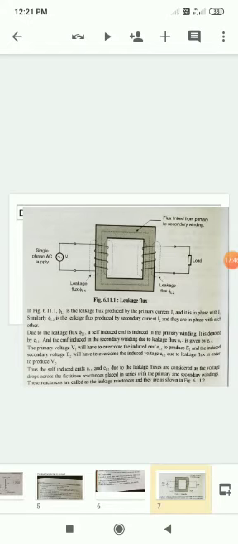So the leakage flux on the primary side will produce an induced EMF called EL1. In a similar way, the leakage flux on the other side will produce induced EMF EL2. What will they cause? Ultimately, there is a loss in the transformer. Both leakage fluxes cause loss in the transformer.